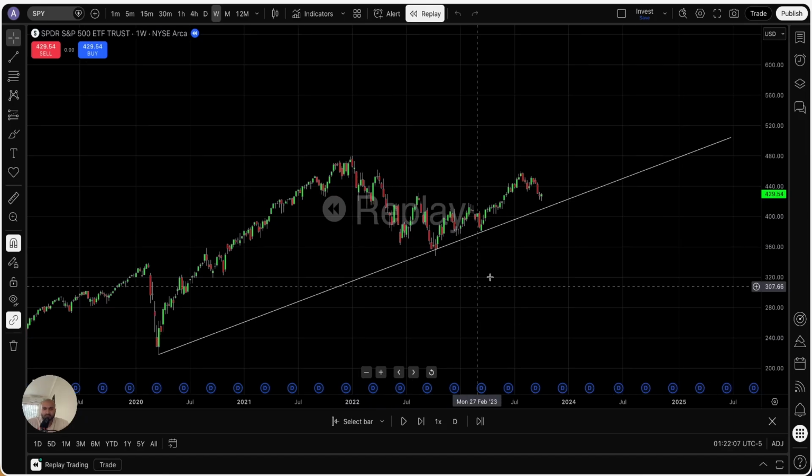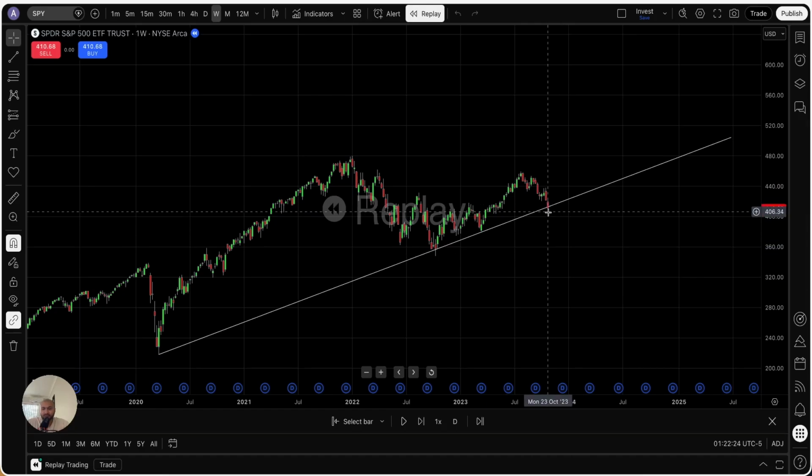So if we play candle by candle, as you can see, it broke a tiny bit of the trend line. This is exactly what you would expect.